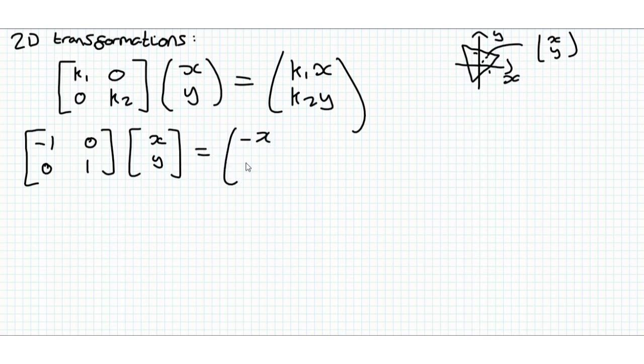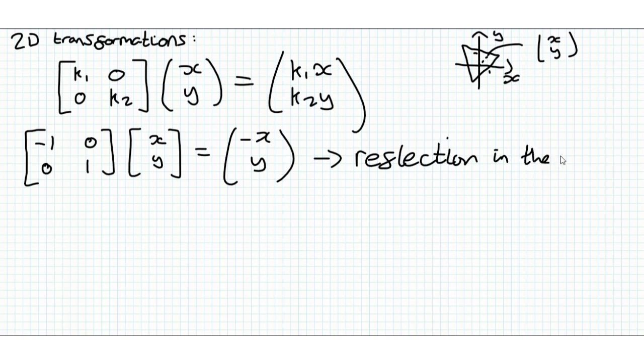We get (-X, Y), so this is a reflection in the Y-axis, because the Y points stay the same and the X points move. So this point would go over here, and this point would go somewhere around here, and this point would come to here.